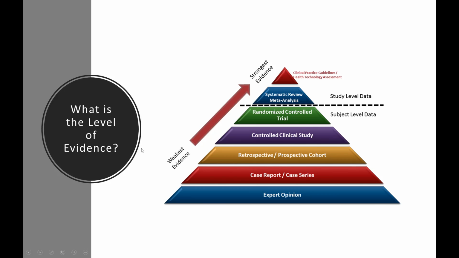Again, the importance of understanding the level of evidence comes into critically appraising the literature, because at the bottom of that level, as we'll find out, is expert opinions. Then we have case reports, and then it goes up to systematic reviews, as was pointed out.